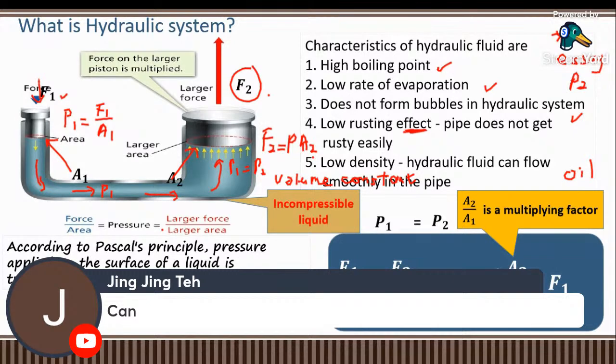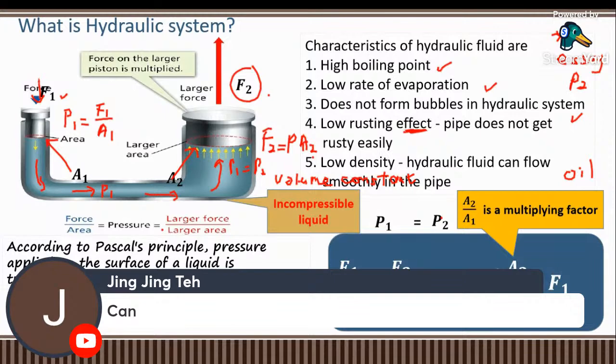P1 is F1 over A1, P2 is F2 over A2. So from here, we can make F2 the subject of the equation. F2 equals the ratio of area of piston A2 over A1 multiplied by F1.